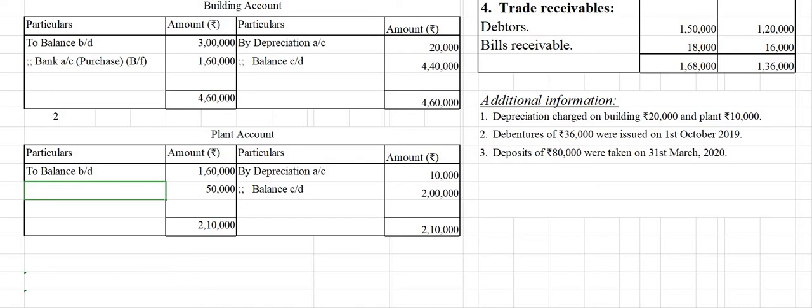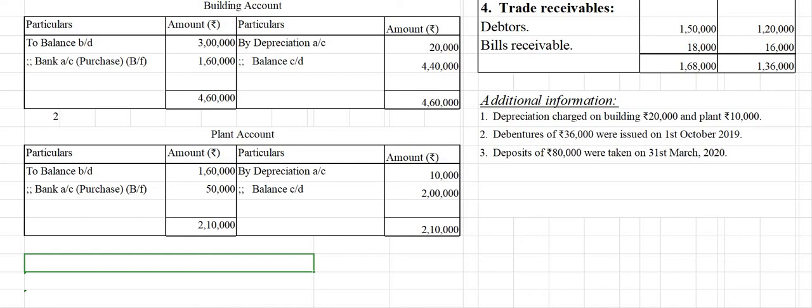Same way, plant on the debit side increased, so it shows that purchase. If again it is a shortage and the balance comes on the credit side, it means that much asset is sold, so we will write there by bank. Here since it is a debit side balance, it shows purchase. So this also will be taken to the investing activity. Okay.